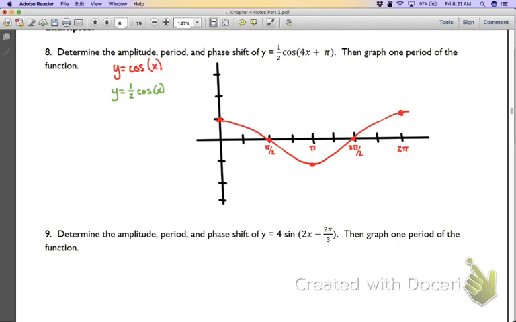Nope, that didn't change. What did change though? Basically, it started at a half and it ended at a half. Its low point was at a half. So it looked something like that there, in green.